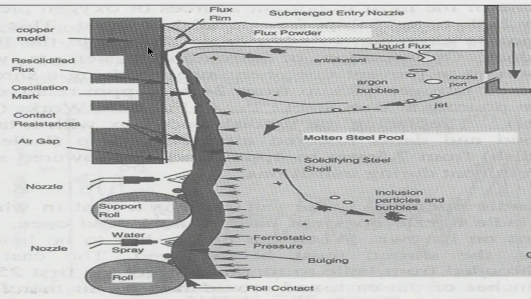Along with the normal movement of the mold, there is a possibility of additional turbulence which causes some amount of vertical movement of this surface, which is not desirable, because there is a possibility of entrainment of mold slag.